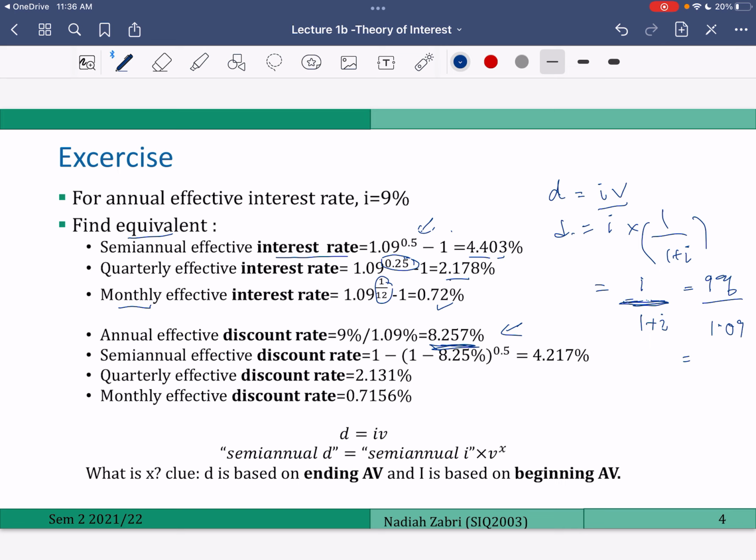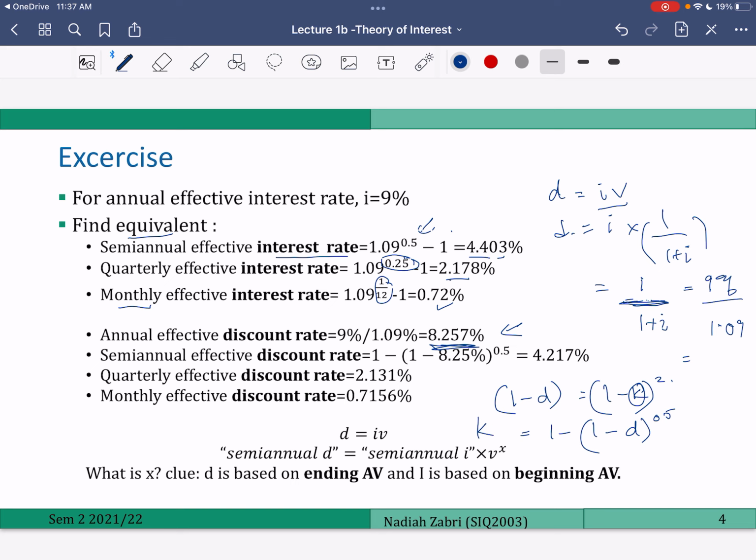How do you get the semi-annual effective discount rate? So if you remember the relationship just now, 1 minus D equals 1 minus K to the power of 2. So from this, you find K. So K is going to be 1 minus D to the power of half. Oh, 1 minus D to the power of half. Sorry, that is 1 minus (1 minus D) to the power of half.